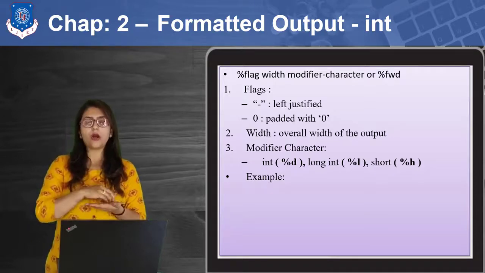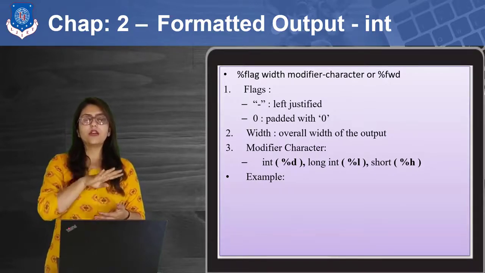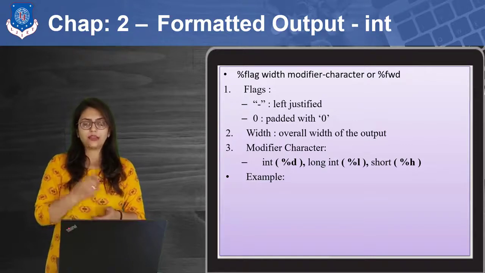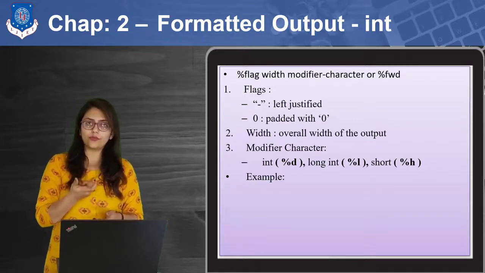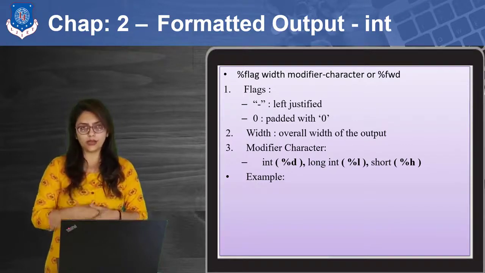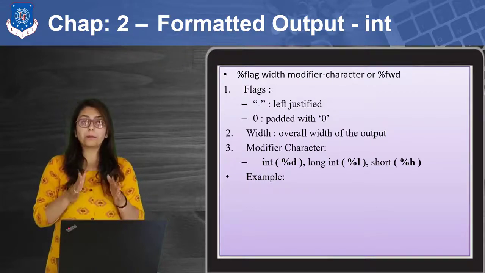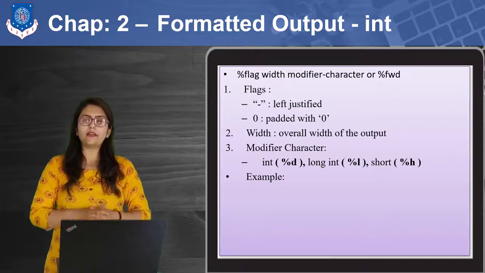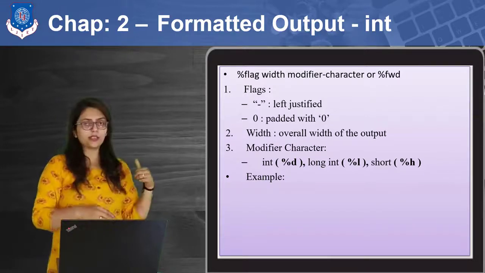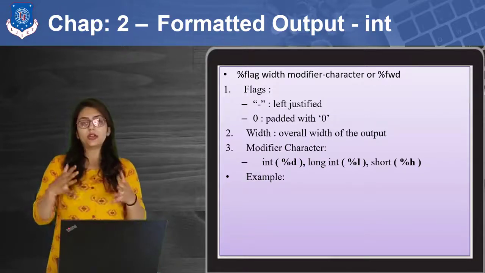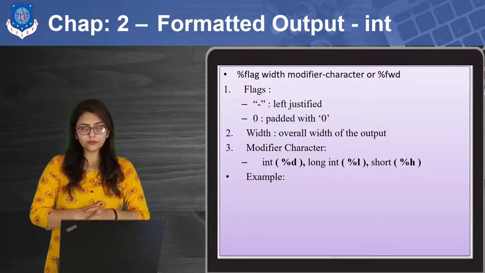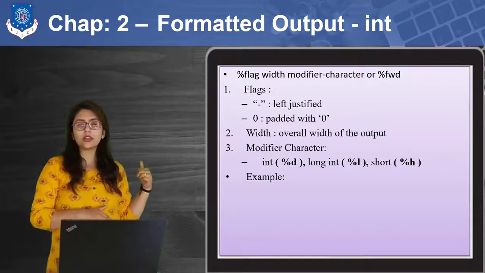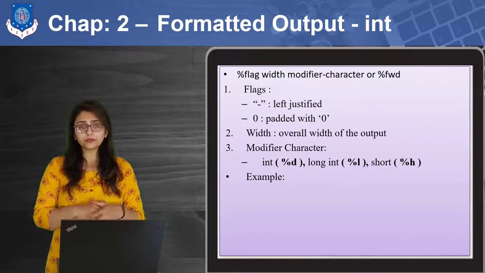If I am entering a 4-digit number and the width of output is also 4, you cannot guess this justification. But if the width is more than the number itself, then you can notice the change, right? So the minus sign is used for left justification.